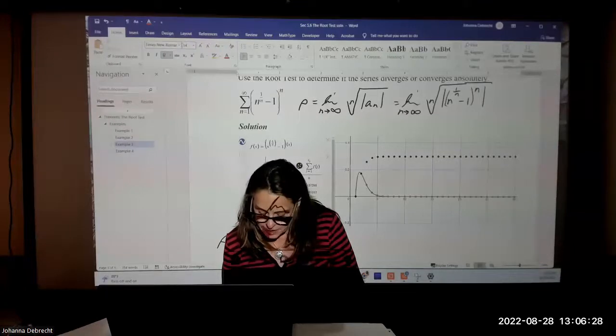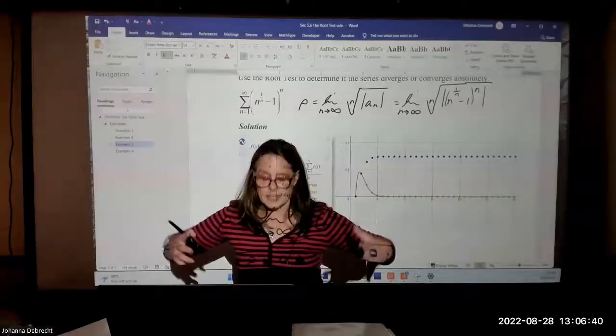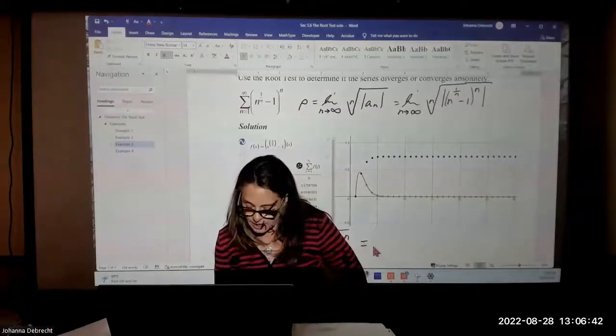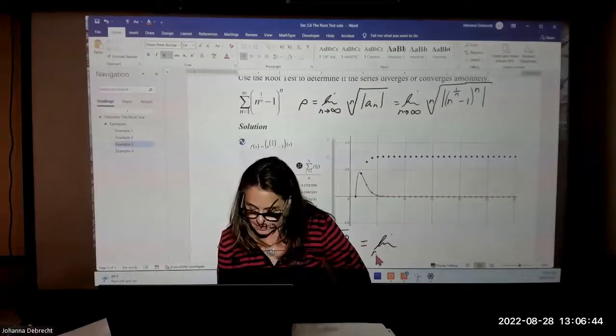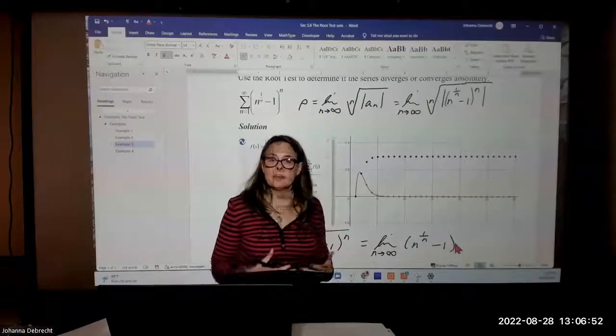And this gives me the limit as n goes to infinity of the nth root of n to the 1 over n power minus 1 raised to the nth power. So the outside nth power is now gone. And we get the limit as n goes to infinity of n to the 1 over n power minus 1. And again, this is the limit of a difference.